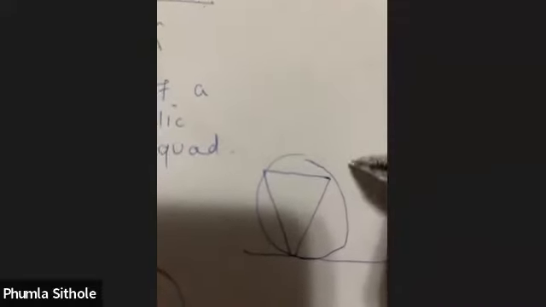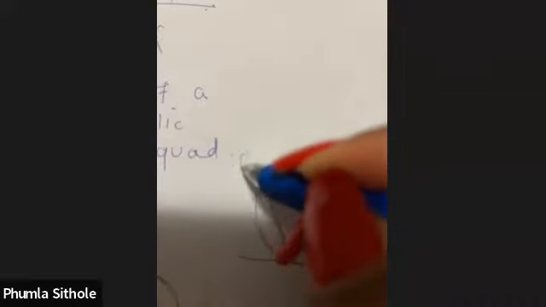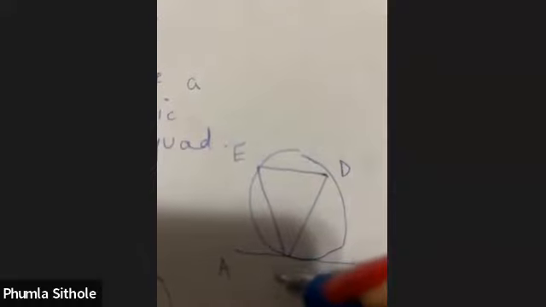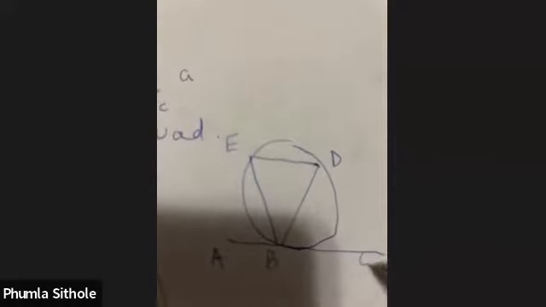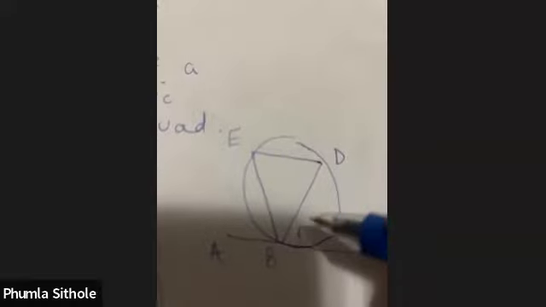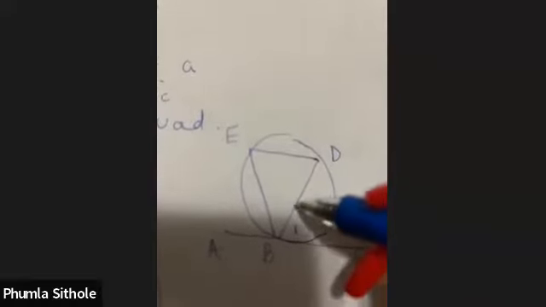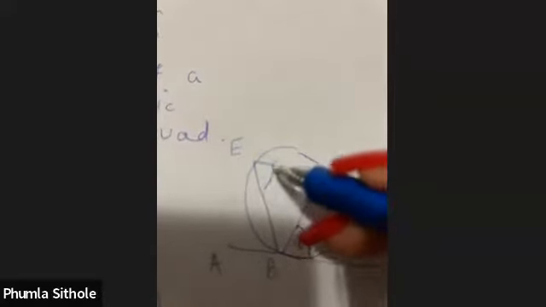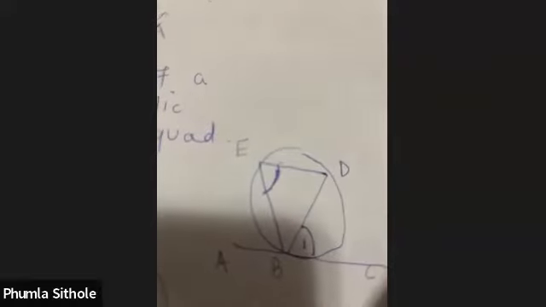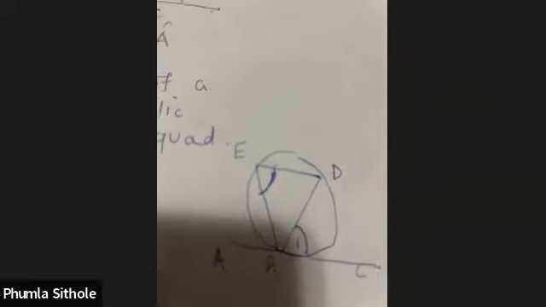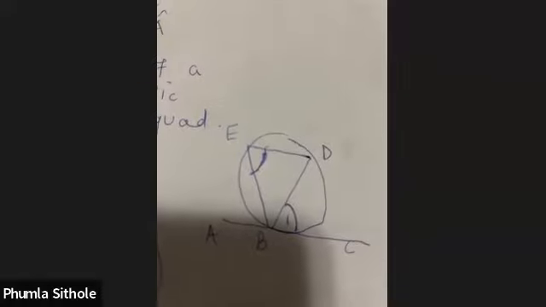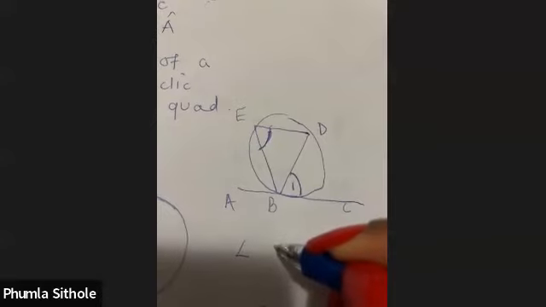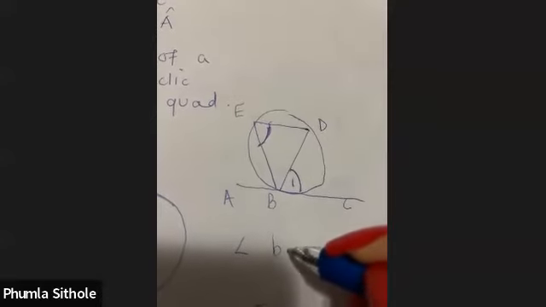So this is B, this is D, this is E, this is A, this is B, this is C. So this is B1. Okay, so this angle here is the same as this angle on this end. The reason will be the tan chord theorem. Or you can say angles between tangent and the chord.